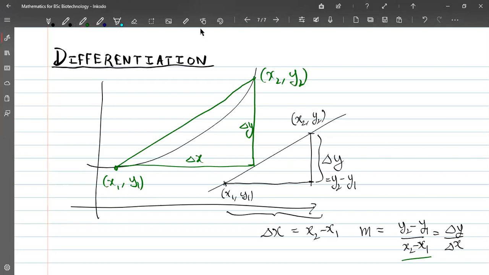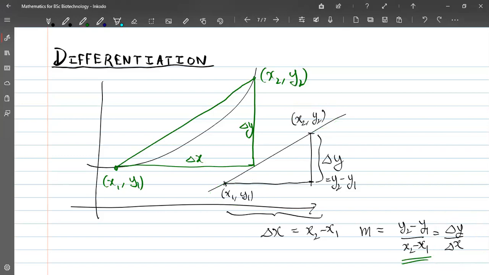The formula remains the same. The problem is this is no longer constant. For a straight line, this will be constant, which means you can take any point x1 y1 and any other point x2 y2, and this delta y upon delta x value that you get will always be the same no matter which two different points on the straight line you take.